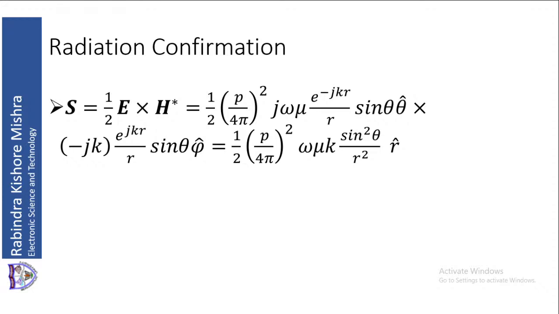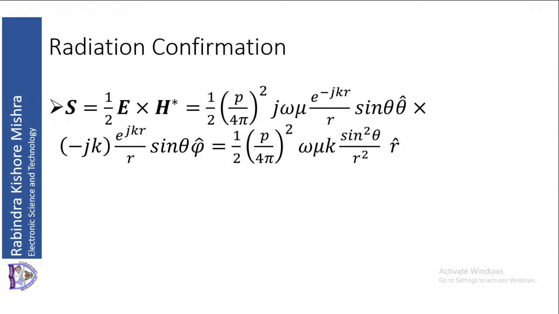So it will be 1 by 2, P by 4 pi whole square, into j omega mu exponential minus jkr by r sin theta theta cap cross, and then H star will be minus jk exponential jkr by r sin theta phi cap. Why minus jk? Because minus jk is the complex conjugate of jk. Similarly, why exponential jkr? Because exponential jkr is the complex conjugate of exponential minus jkr.